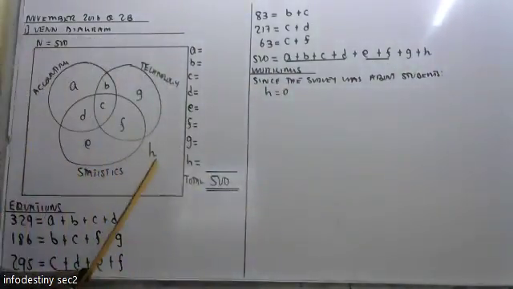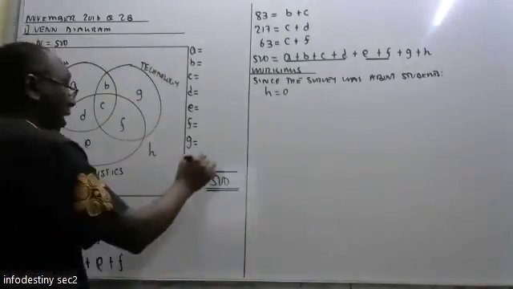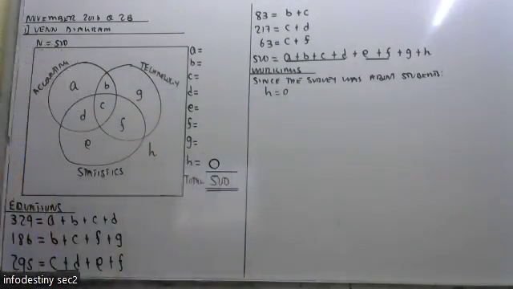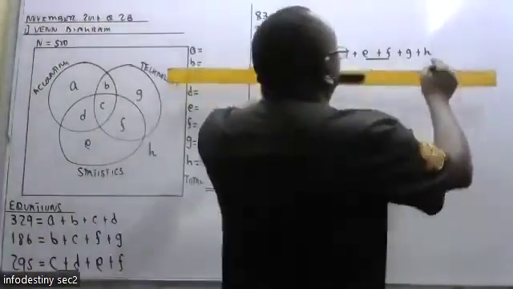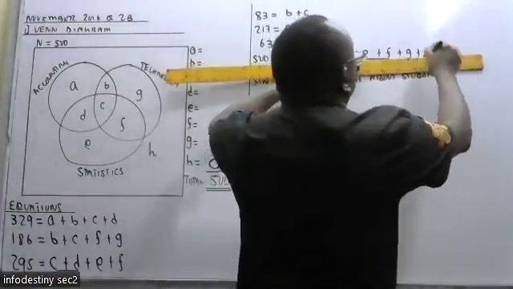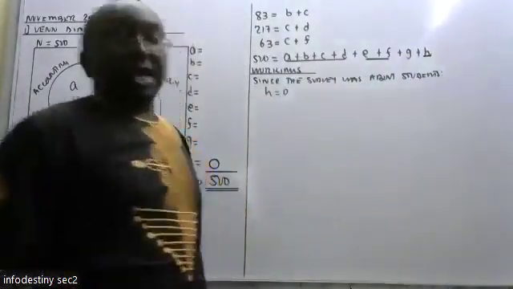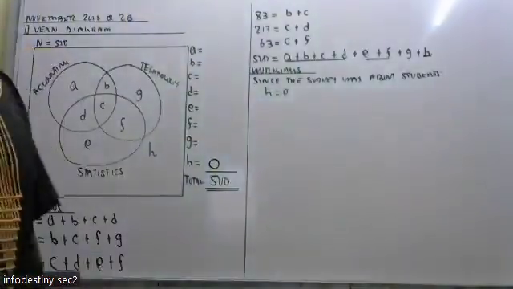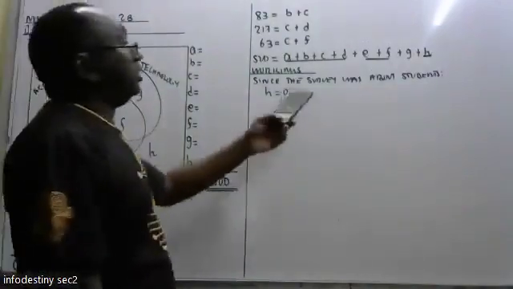Because these ones, they are guys in the school who are not students. So first of all, I record my H to be 0. And then I come back here and say that I now know H. So I'm left now to look for G.